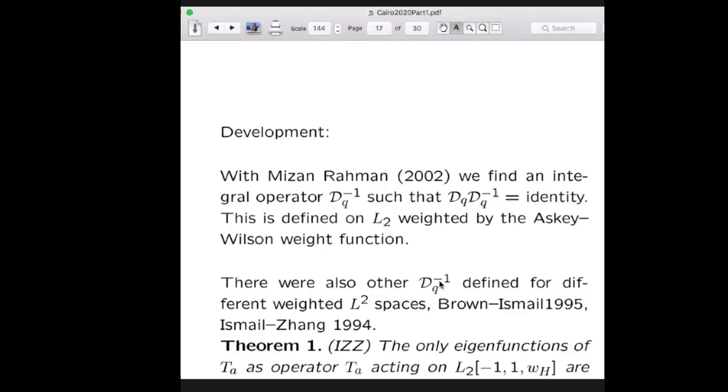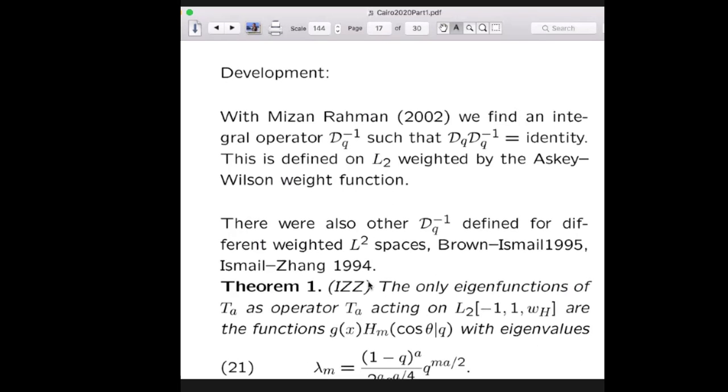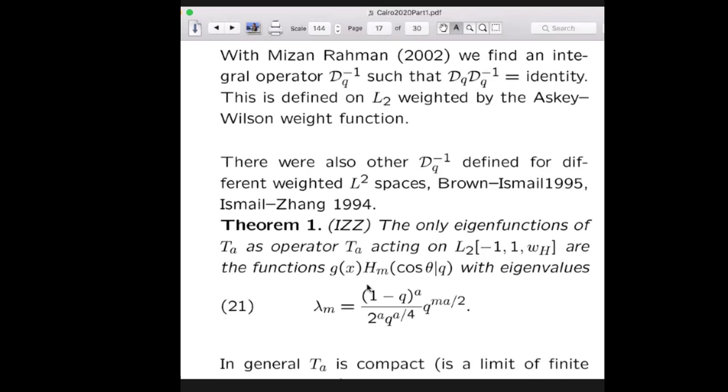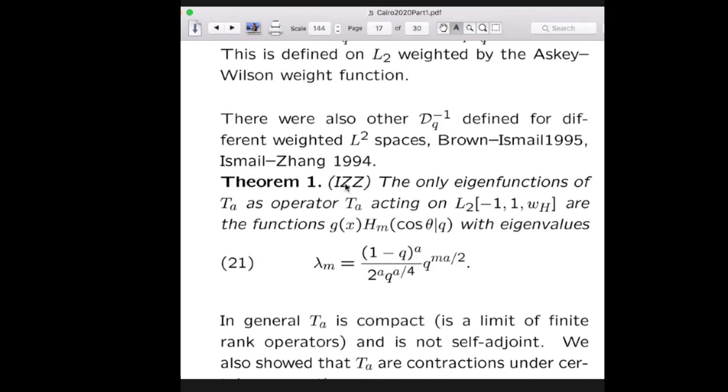We want to find some parameter here. So that we haven't done yet, but we're looking at it. So in the paper with Zhang and Zhu, we identified this family, these fractional powers of the Askey-Wilson operator. So this semigroup we identified.